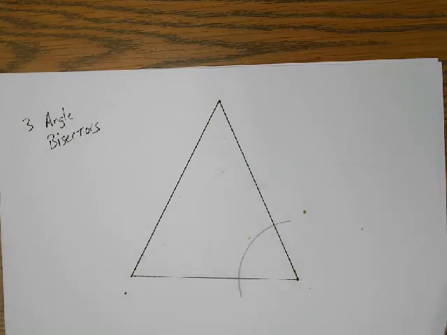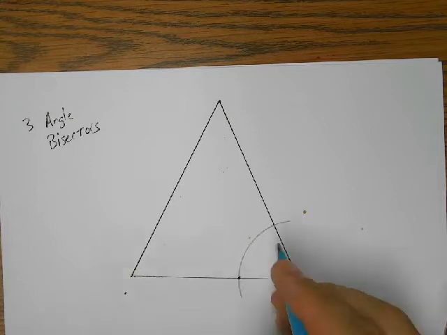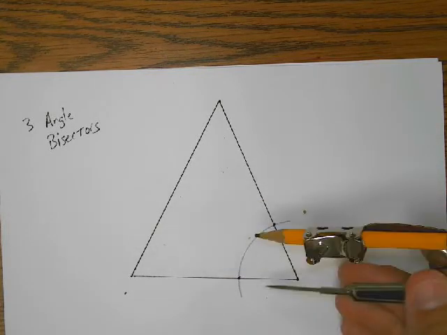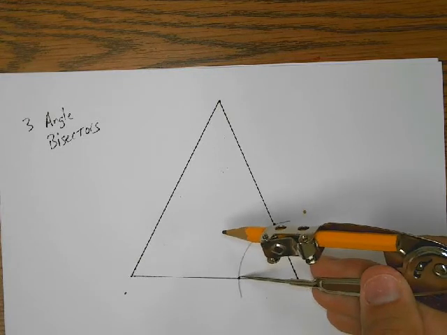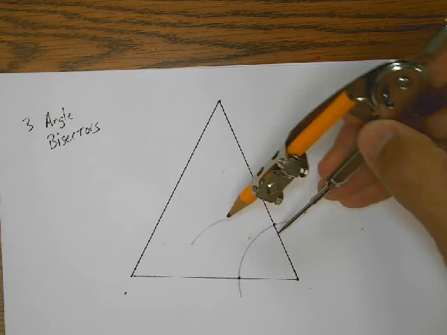I follow the same routine every time. We'll go from those two points on the rays. Get a point of intersection out here in the middle.